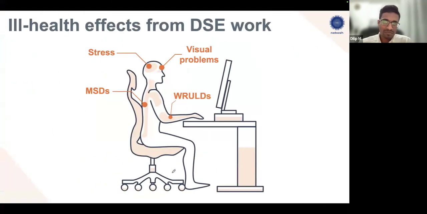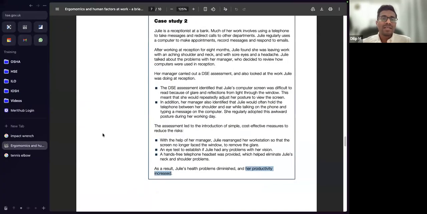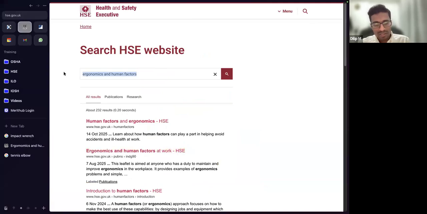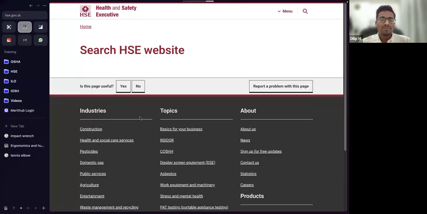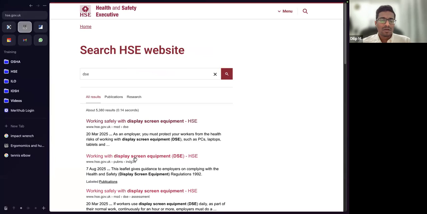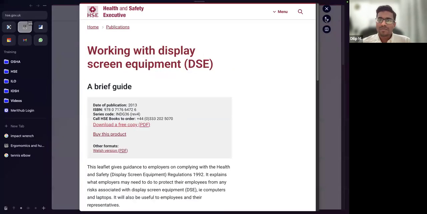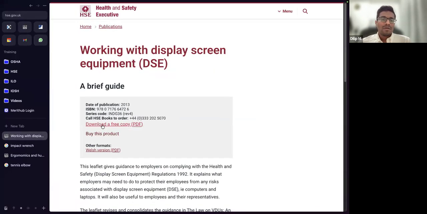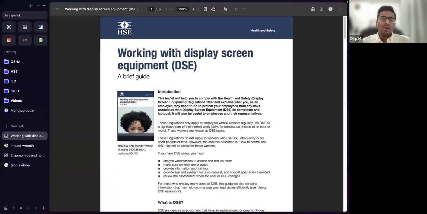Okay. So the health effects of DSE work. DSE refers to display screen equipment. Now if I go and search for DSE, working with display screen equipment.